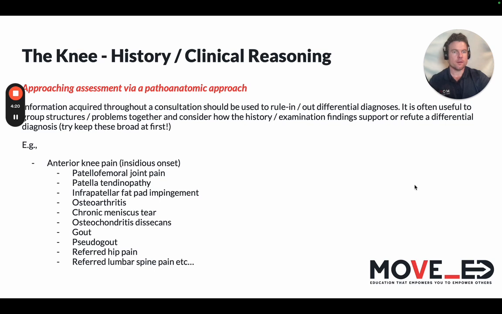All right, so to run through quickly what we're looking for when it comes to taking a history from an acute knee injury, I'm actually going to use an example of a chronic knee problem that might present to you in the clinic.